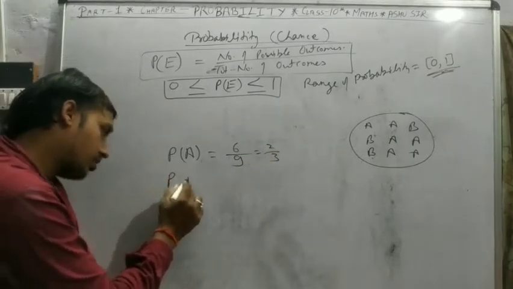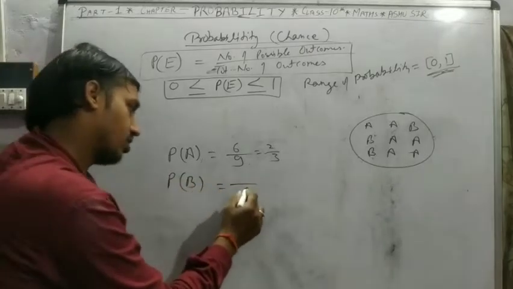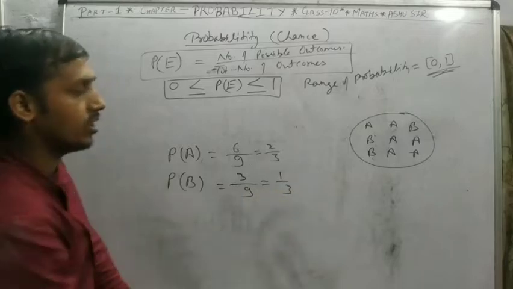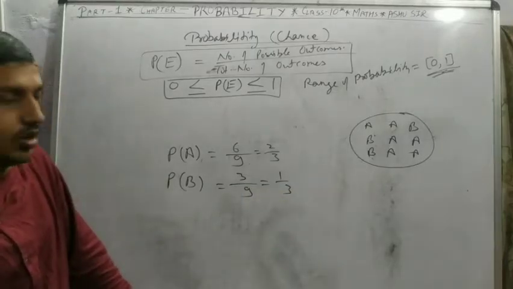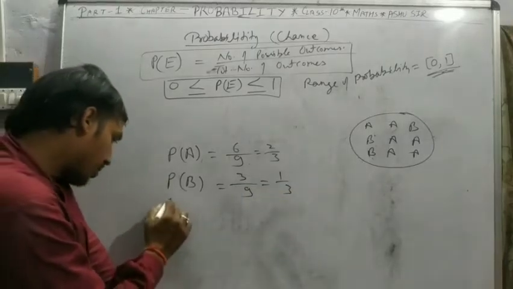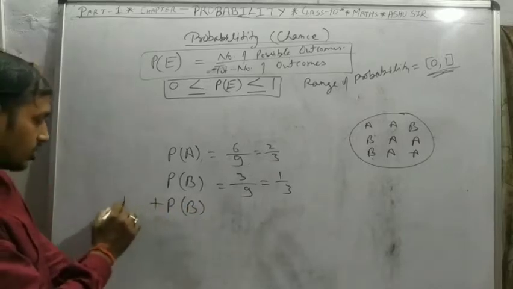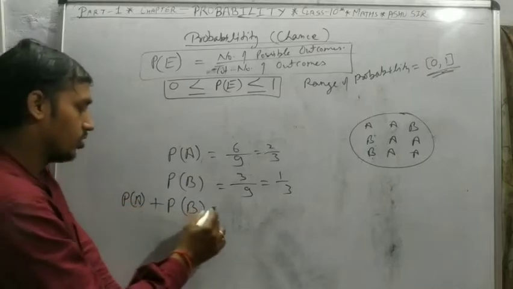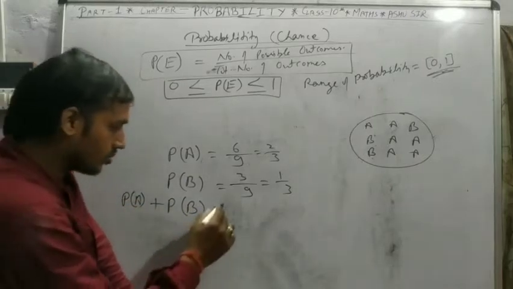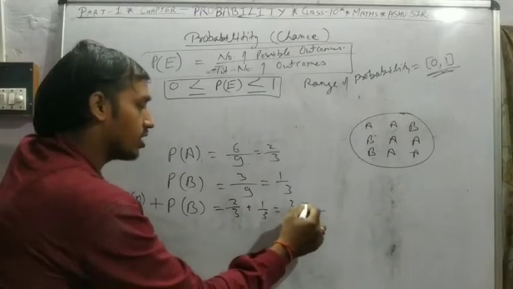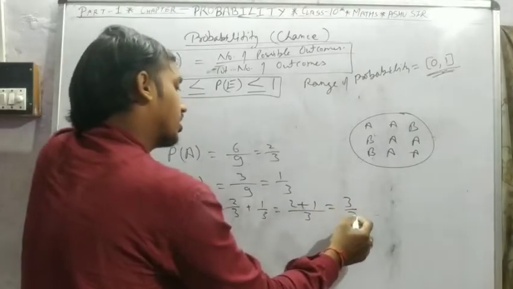The probability of B, out of 9, 3 B, 1 by 3. Now the sum of probability of A and probability of B: 2 by 3 plus 1 by 3, 3 by 3, that is 1.